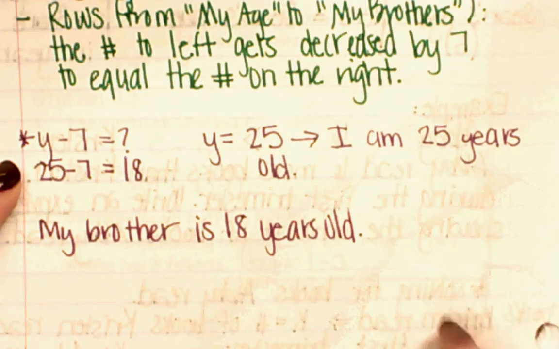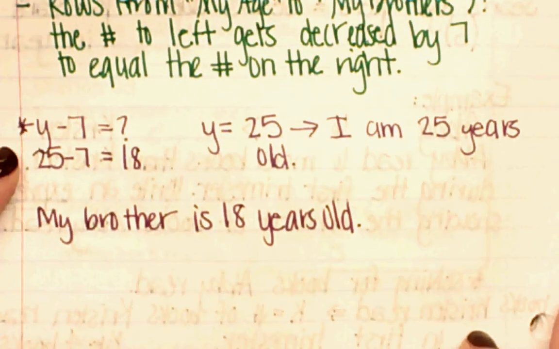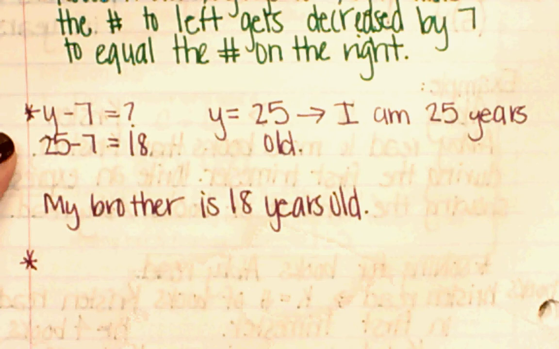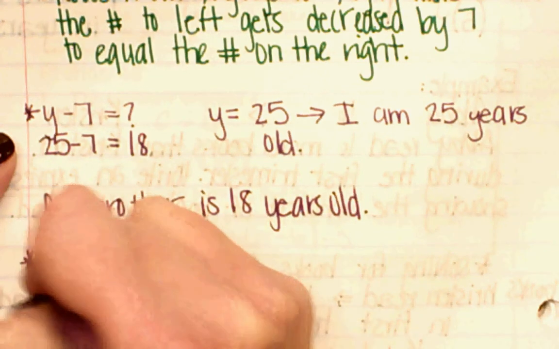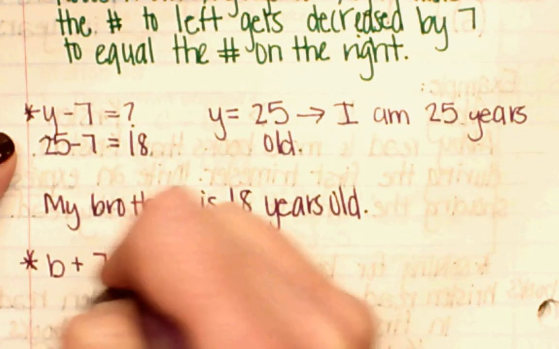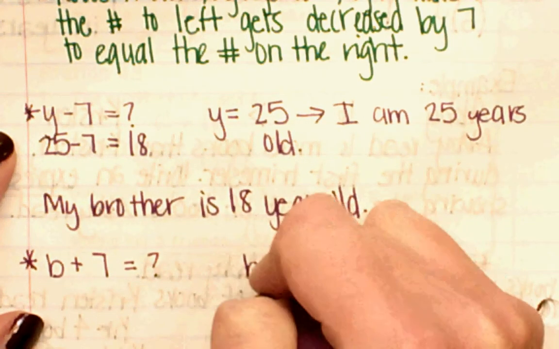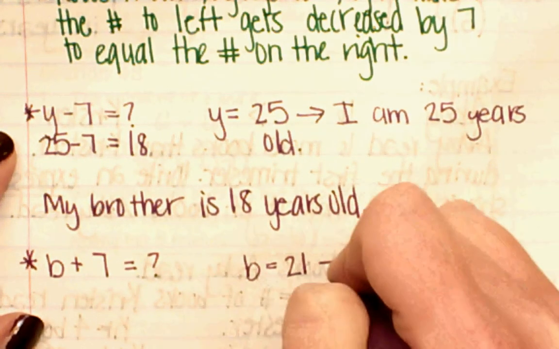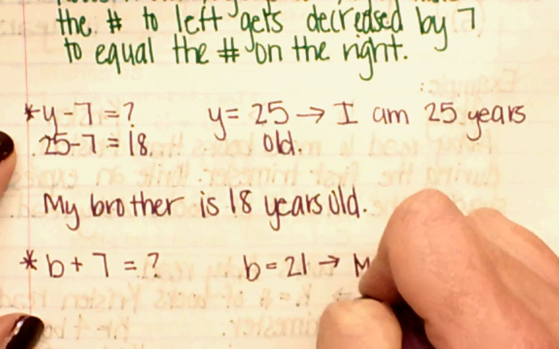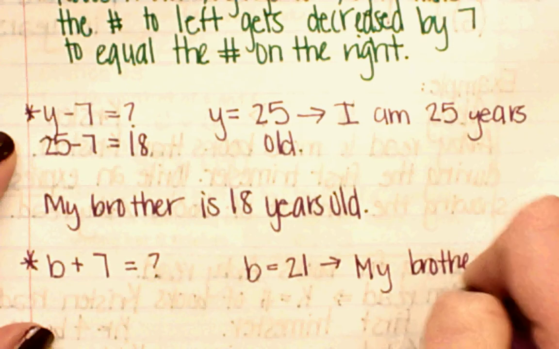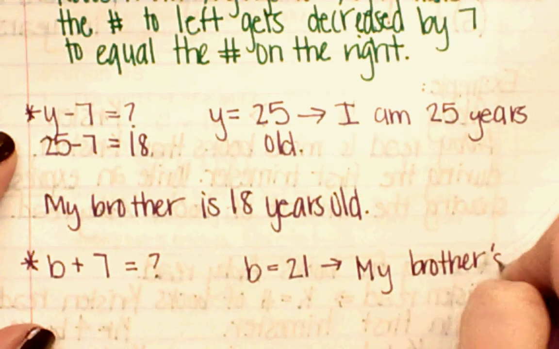Now remember the lesson before this one, in lesson 18, we said you can do the reverse, the opposite. Maybe I'm given my brother's age and I need to find out my age. So B would equal 21, and that's going to be my brother's age.